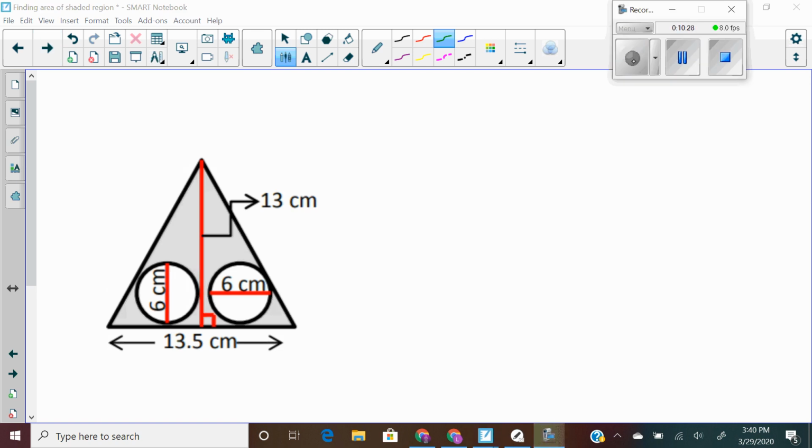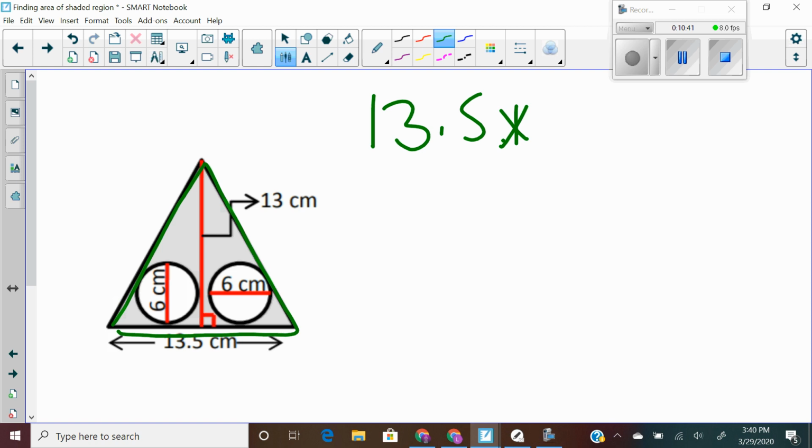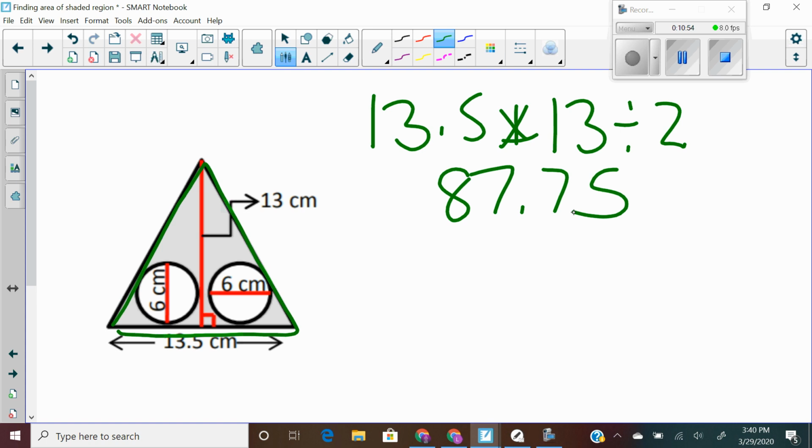Our next example is a triangle with two circles inside. First we find the area of the triangle. The base is 13.5 and the height is 13. So 13.5 times 13 divided by 2 is 87.75. Each circle has the same area, so we're just going to find the area and multiply it by 2.